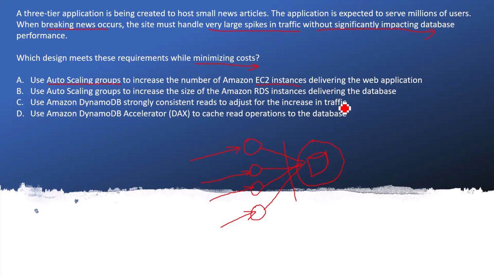You could have multiple read replicas and point the new EC2 instances to the read replicas, but it will become an expensive process. And since it is breaking news, it is not a big content, so you do not need to create multiple replicas of your RDS instances. So this is the wrong answer.